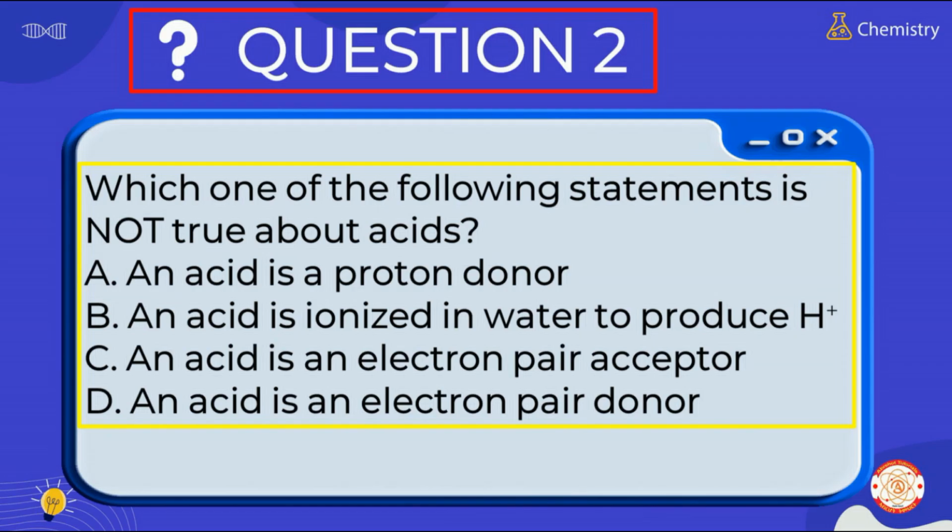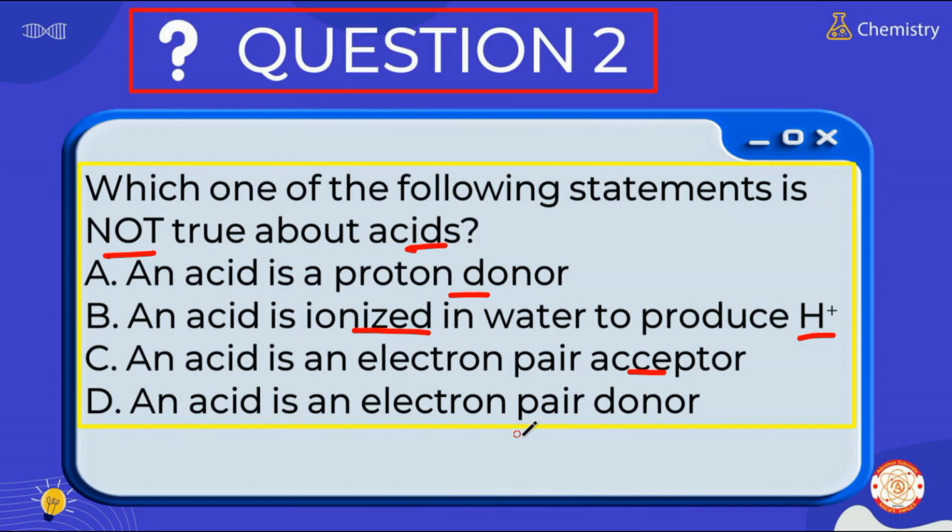Alright, question number 2. Which of the following statements is not true about acids? A, an acid is a proton donor. B, an acid is ionized in water to produce hydrogen ion. And C, an acid is an electron pair acceptor.